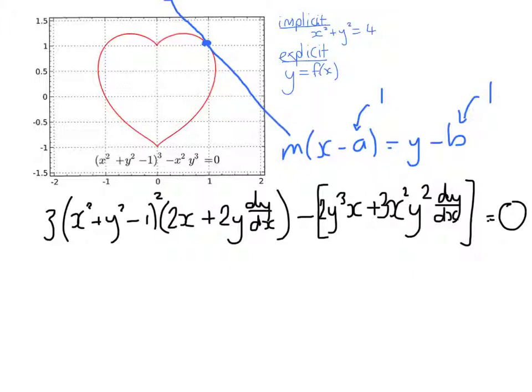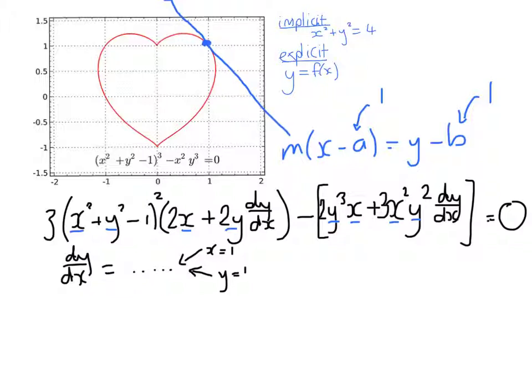I think that's going to be a bit of an enormous job. So rather than rearranging to make it say dy by dx equals blah blah blah and then subbing in x is 1 and y is 1, I think I might just sub in x is 1 and y is 1 as it is, and then rearrange to see what dy by dx is. Let's try that.